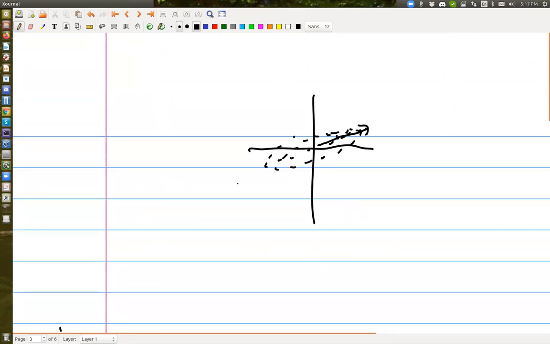I can find it by saying that I want to find the projection. Let's say I call this direction u. I should have the expectation of u transpose x here.